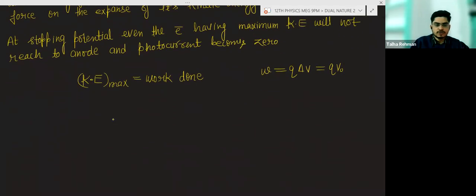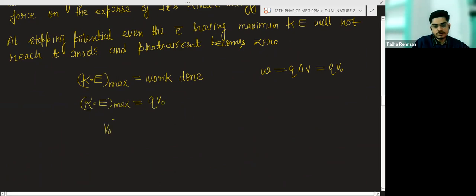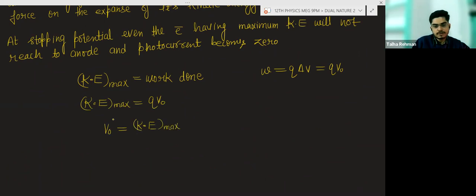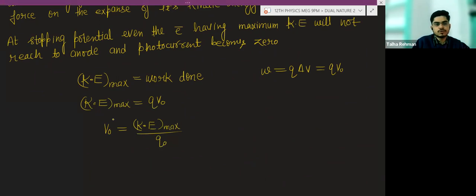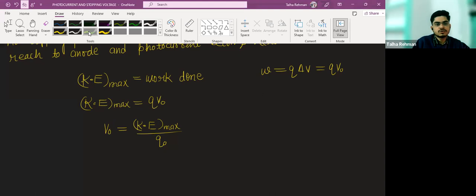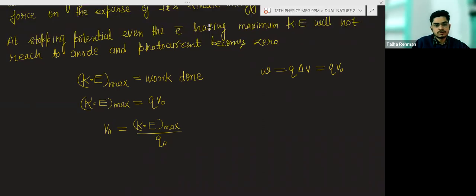So you can write maximum kinetic energy of the electron is equal to work done, Q into V naught. From here you can find V naught, equal to kinetic energy maximum divided by Q. So this is the expression of stopping potential you will get.